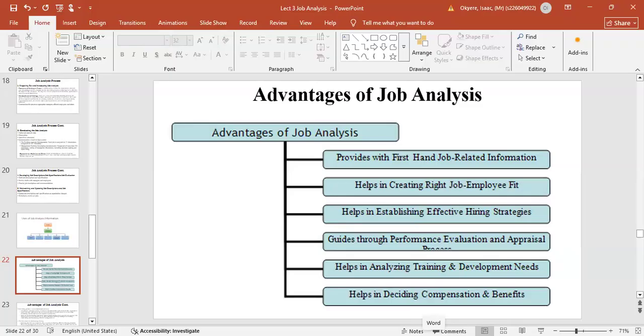One, it provides first-hand information about the job. That is the first advantage. So even if you are far away, you will get to know what is done there.